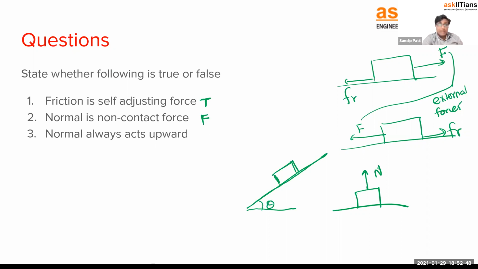For this, normal is not upward. Normal is like this. Don't worry, we are going to study this in the next session also. So "normal always acts upward" is also false. Normal can act like this also. It is not necessary that it is always upward.